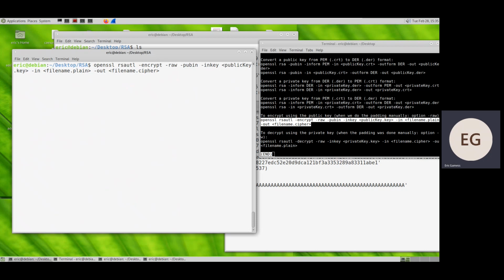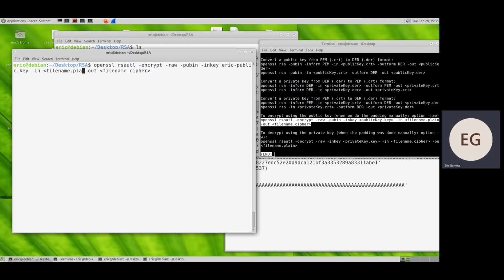And I want to say that the padding, I did it by hand. It's a raw padding. I added 0 at the beginning. To encrypt, I'm going to use the public key of Eric, because I want to send Eric a private message that says hello. The key will be the public key of Eric.